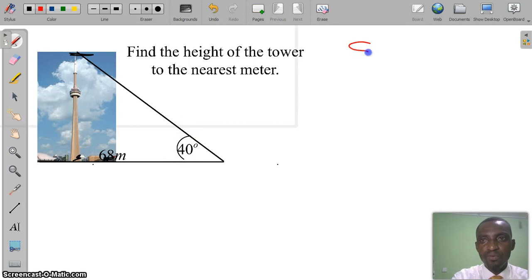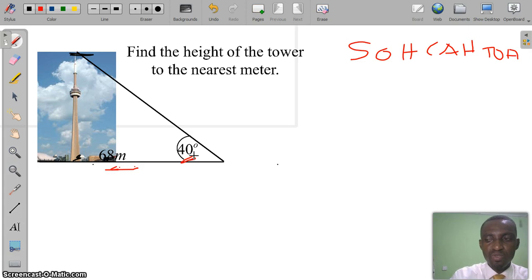If we go for our SOHCAHTOA, what do we have? We have the adjacent to the angle, and we are finding the opposite to the angle. Since we are finding the opposite and we have the adjacent, the best is to go for TOA.